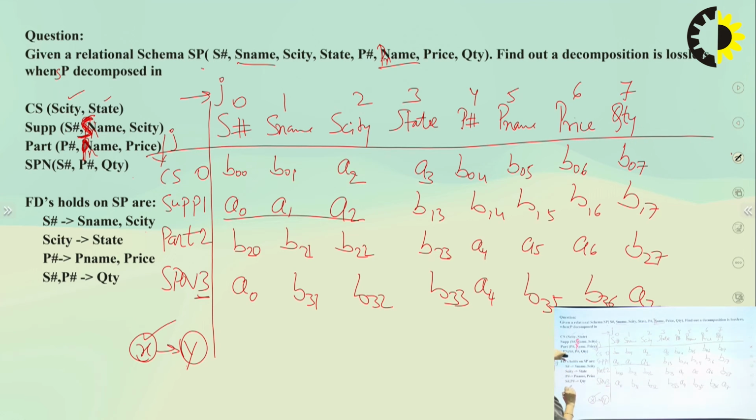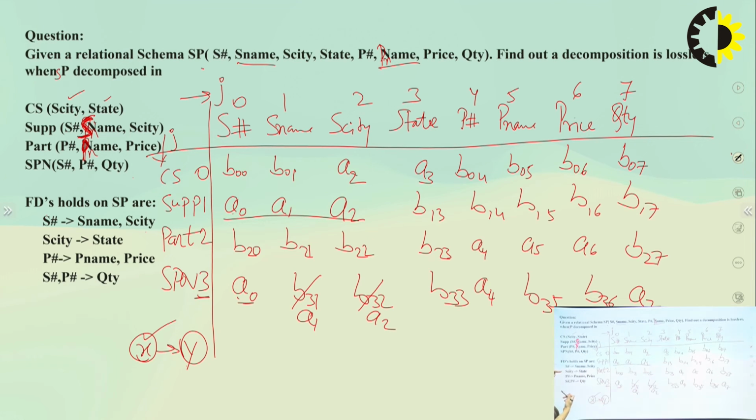So if we are having S hash, we can determine these two. So for A0 we are having A1, A2. Here also in this row we can check this A0. So what we can do is replace the B values with A1, A2. Okay. So this way we have replaced two values.